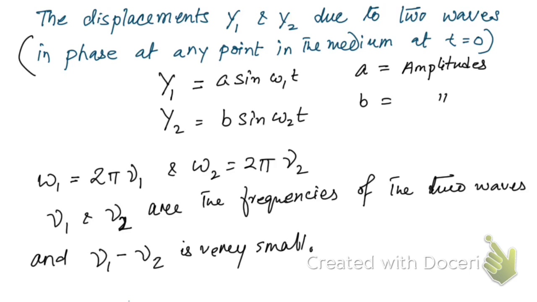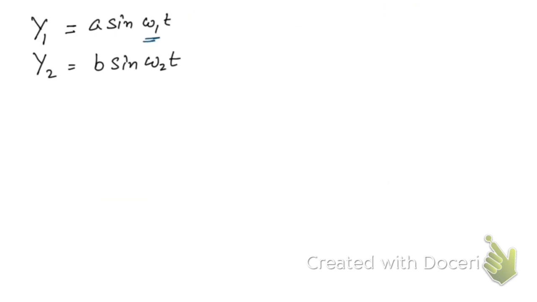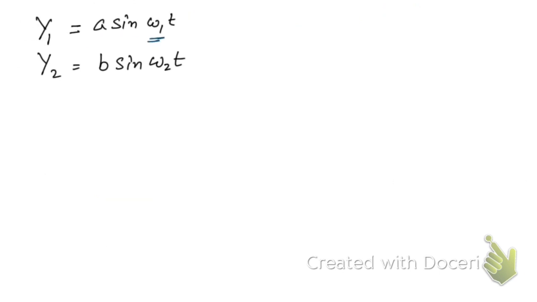So these two equations can be written in terms of nu1 and nu2. Instead of omega1 and omega2, we can write 2 pi nu1 and 2 pi nu2. So y1 is a sin 2 pi nu1 t and y2 is b sin 2 pi nu2 t.